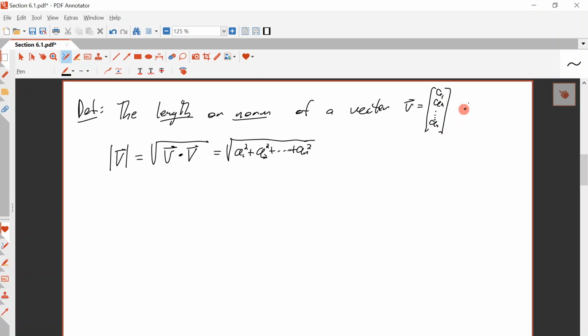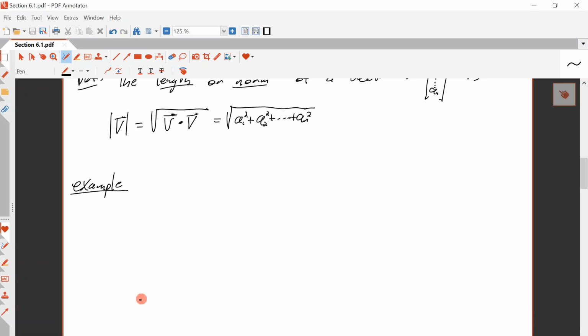Now why is it called the length? Because in 2 and 3 dimensions, I'll just explain it in 2 dimensions, it actually is the geometric length.